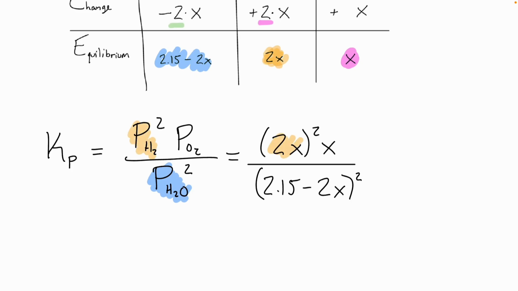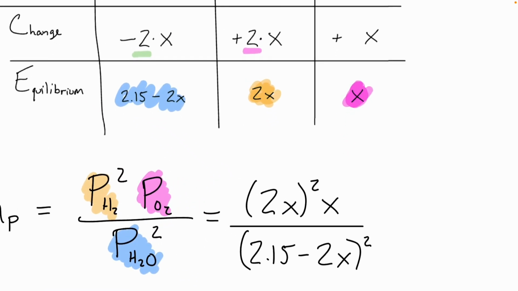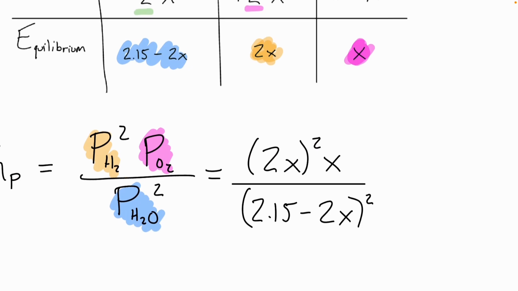That's how I got the 2x squared. My pressure of O2 was x. That's why I have this x in the equation. And then my pressure of H2O was this 2.15 minus 2x. And so that's how I got this 2.15 minus 2x squared in my equilibrium expression.